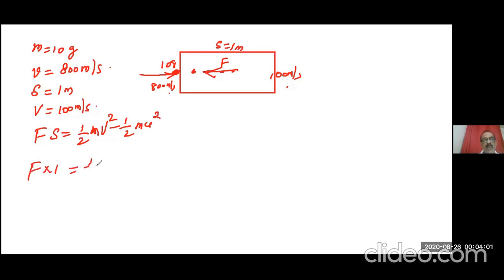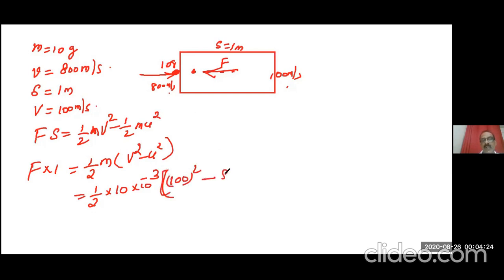So equal to half m, let us take outside, v squared minus u squared. Half into mass is 10 into 10 to the power minus 3, gram into kilogram. V squared is 100 squared, minus u is 800 squared. Find out the answer.